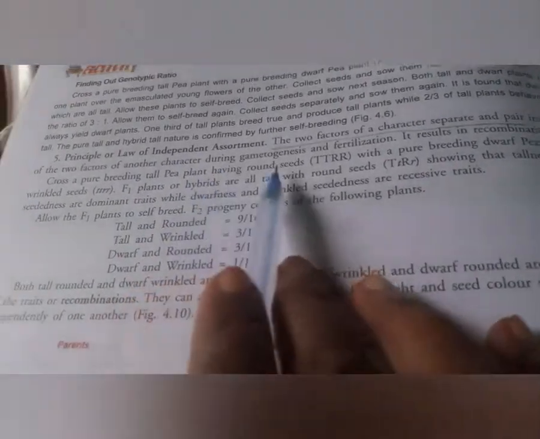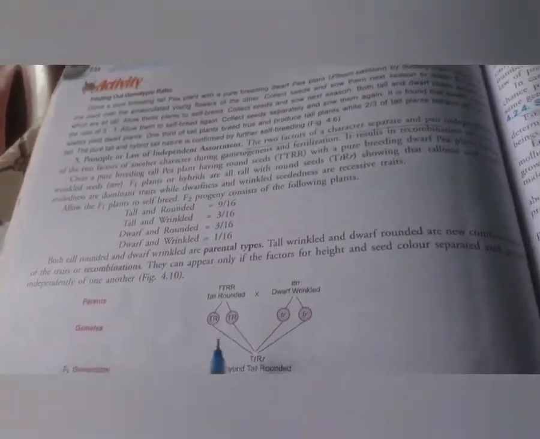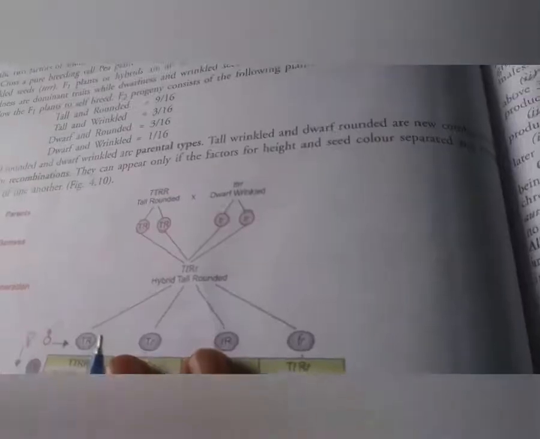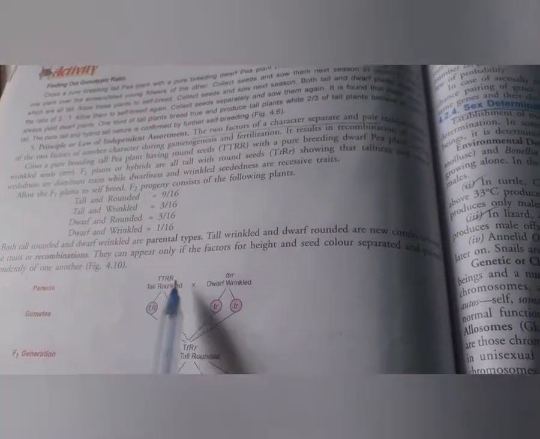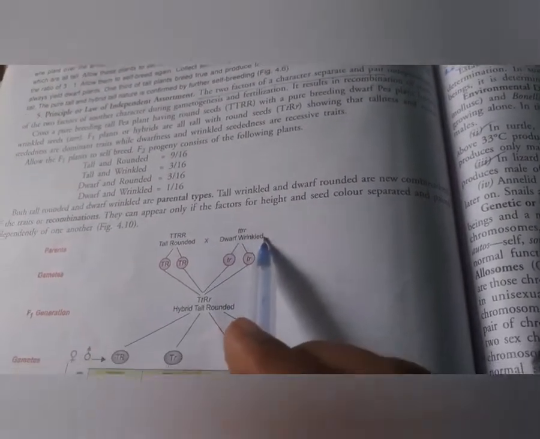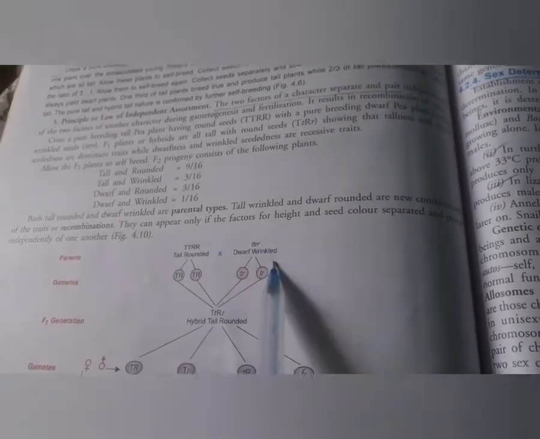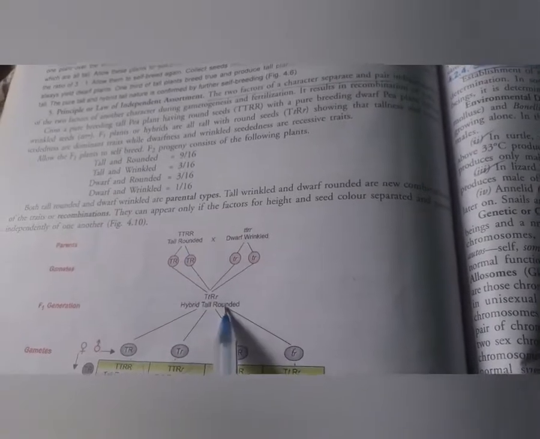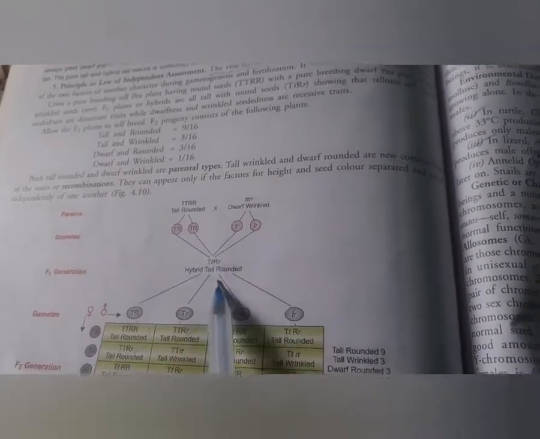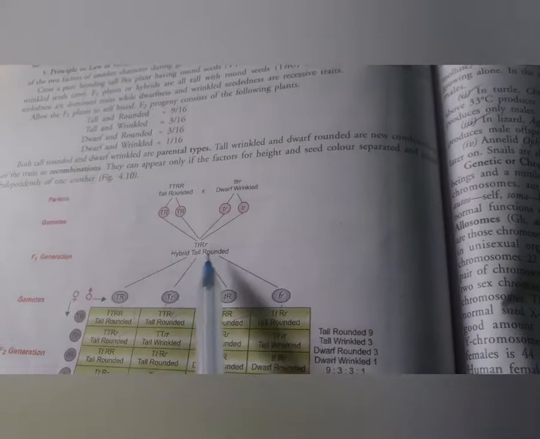So in this law, it wants to say that you can see here also tall, rounded, dwarf, wrinkled. Here both individuals have two characters. In the first filial generation, both characters are mixed in the hybrid, that is tall, round.